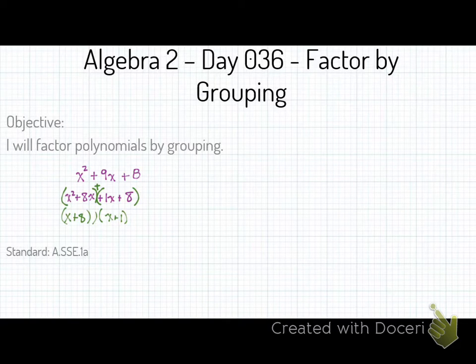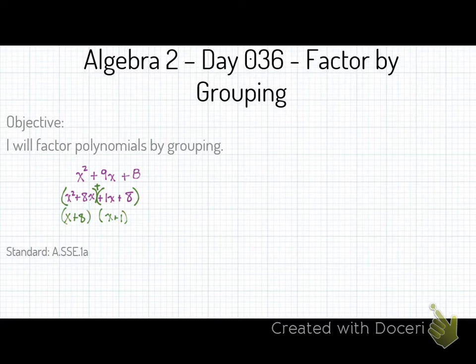Except check this out. You see on this first example I have an x squared here? This is a quadratic equation. Don't get freaked out. But we can do the same thing on larger equations.